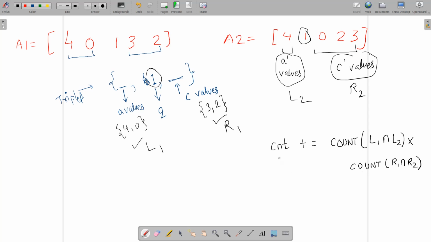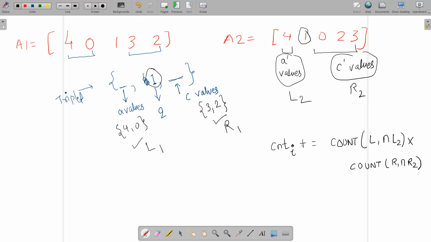Okay, so you can easily see that this count is for when fixing the value at a specific index. Okay, so I will write it down in the general case, count of i.